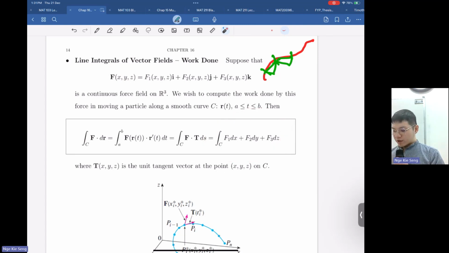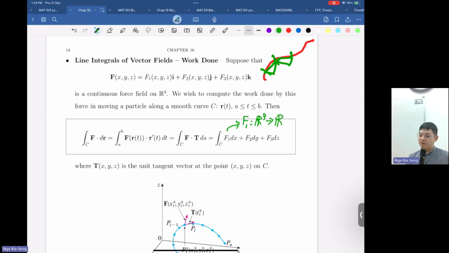So when you do work done computation, you just integrate the f1 component with dx, the f2 component with dy, and the f3 component with dz. Why? Because these f_i are functions from R3 to R, so then you can do integration.